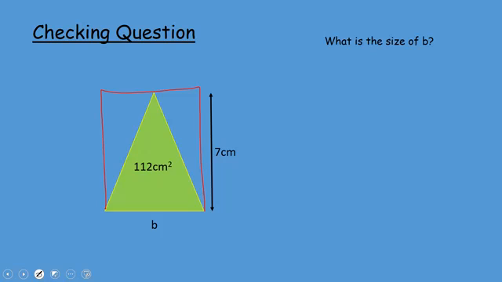But we know then that the area of that rectangle must be twice as much as the area of the triangle. And so that's quite an easy one to do. So we're just looking at 112 multiplied by 2, which is 224. So if we wanted to know the size of B, we would divide this 224 by 7.